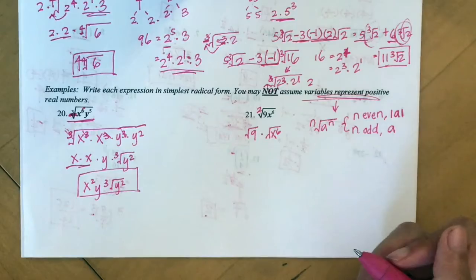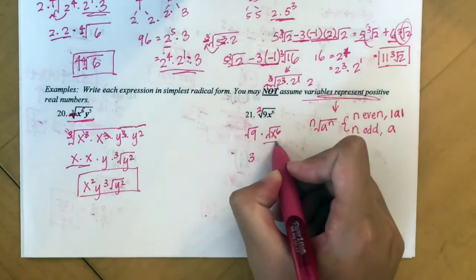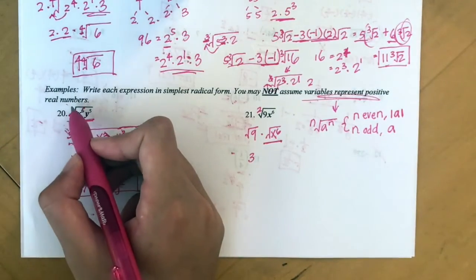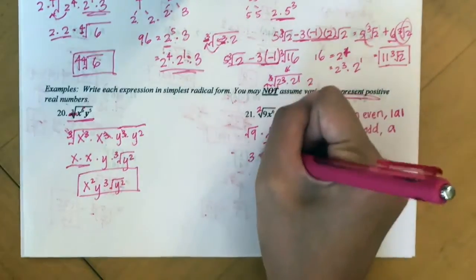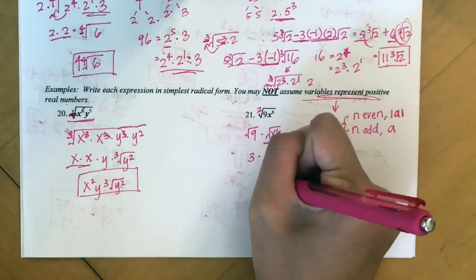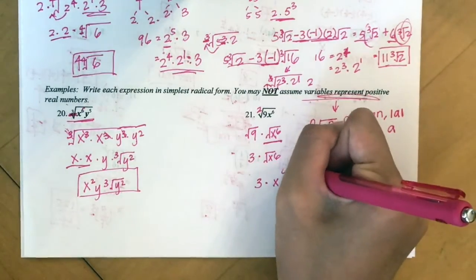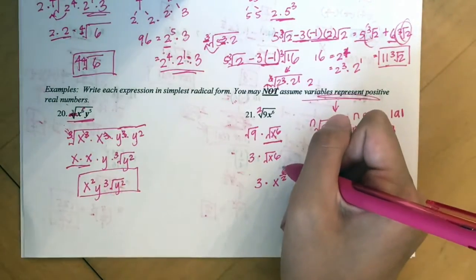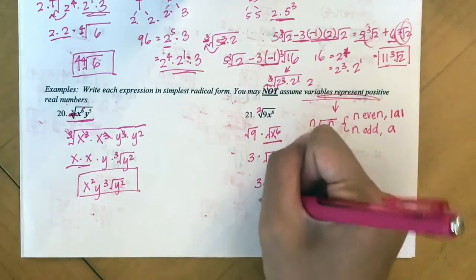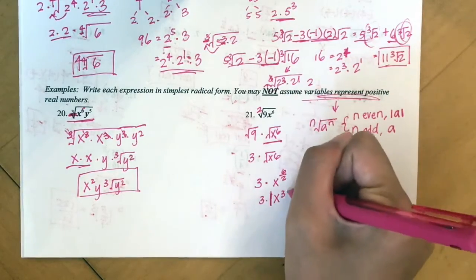So we can simplify this into 3, and for the part that involves variables, since you cannot assume that variables represent positive real numbers, meaning they can also be negative numbers, when we simplify this into x to the 6 over 2, which should be radical rule number 4 on the previous page, you should get 3 times x to the third, but you have to put absolute value bars around this variable.